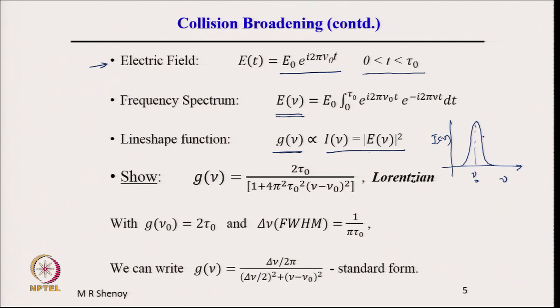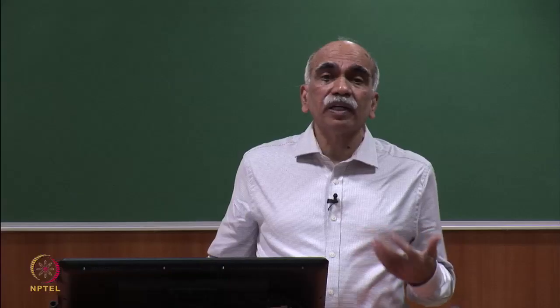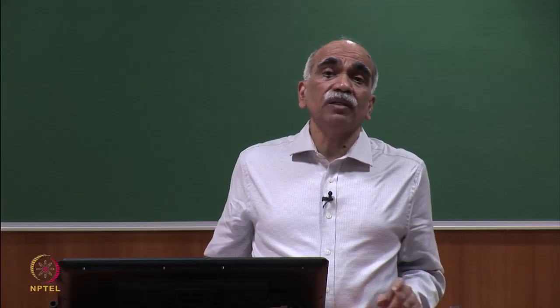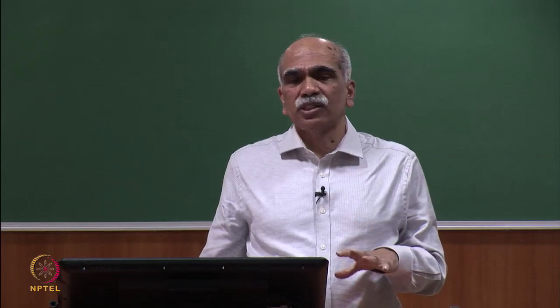The intensity spectrum is proportional to G nu because G nu gives us the strength of interaction at any frequency. In the case of spontaneous emission, we are referring to the strength of emission.